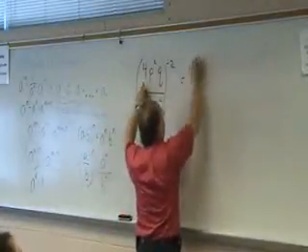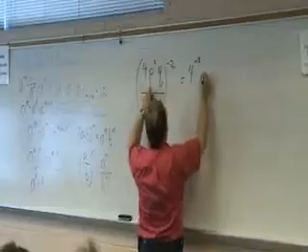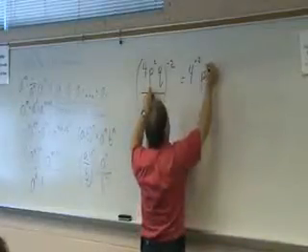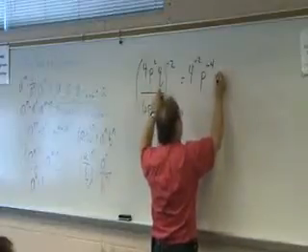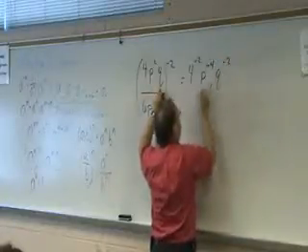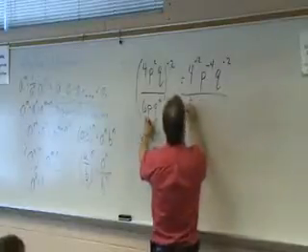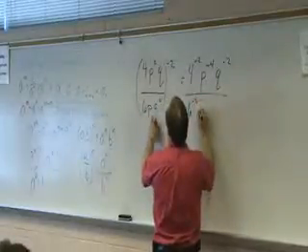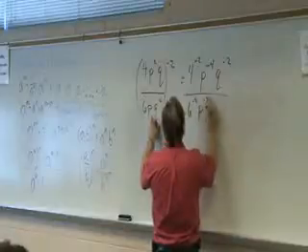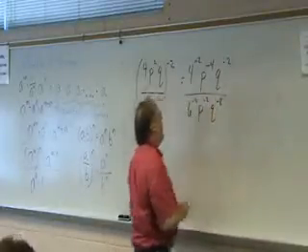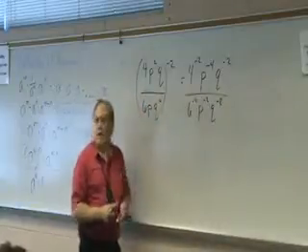So this is 4 to the negative 2, P to the negative 4, Q to the negative 2, over 6 to the negative 2, P to the negative 2, Q to the negative 8, okay?